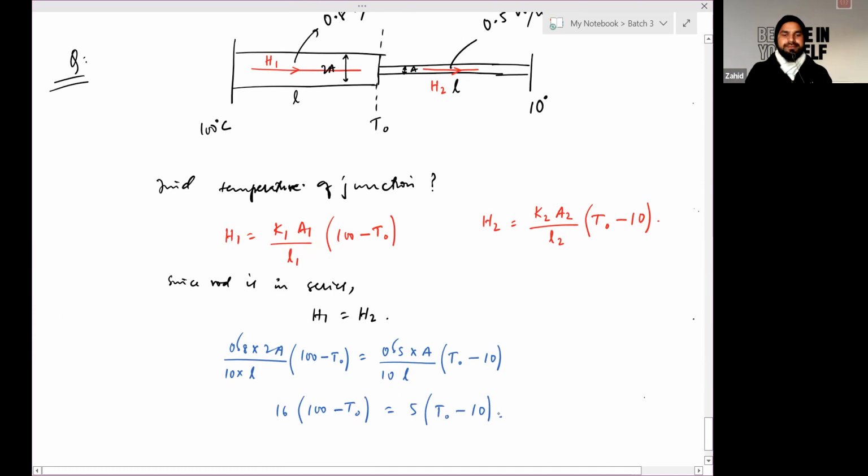Just simplify it. Atif, you got any answer?